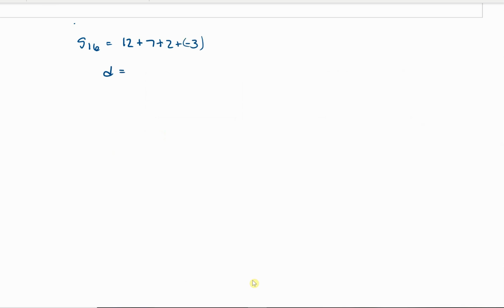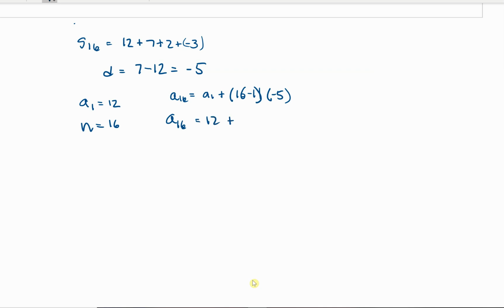So d is 7 minus 12, that is negative 5, right? 7 minus 12 is negative 5. a1 is 12, and n is 16, so I'm going to use a sub 16 is a1 plus 16 minus 1 times negative 5, so that would be 12 plus 15 times negative 5. a sub 16 is negative 63.